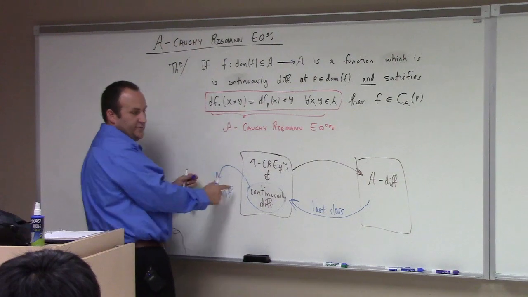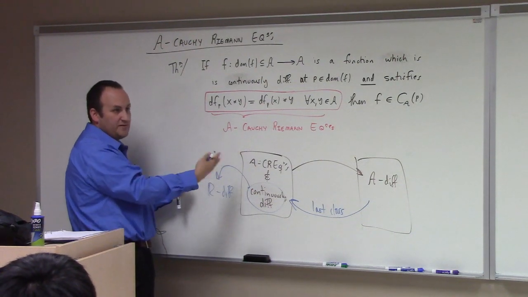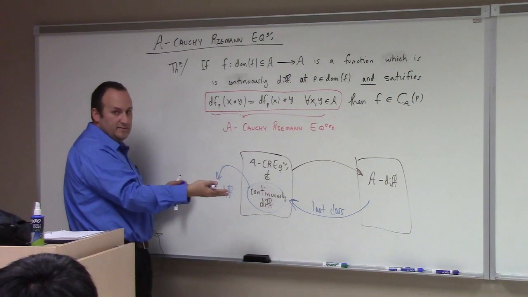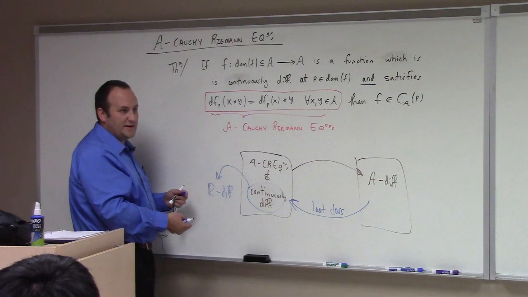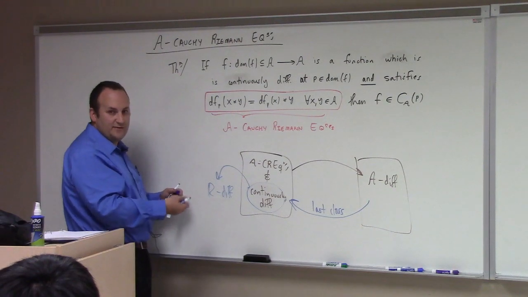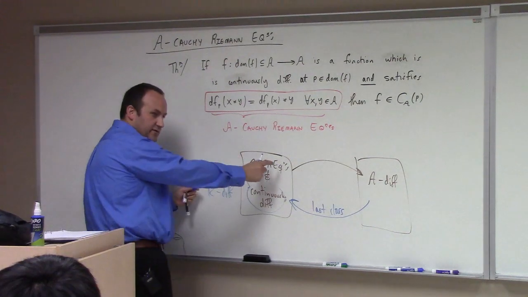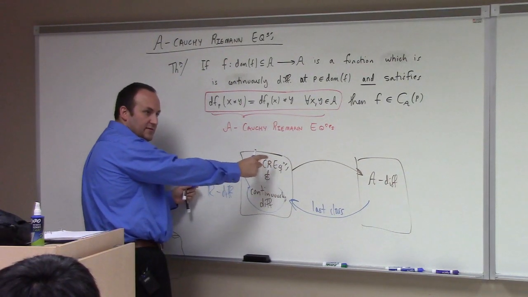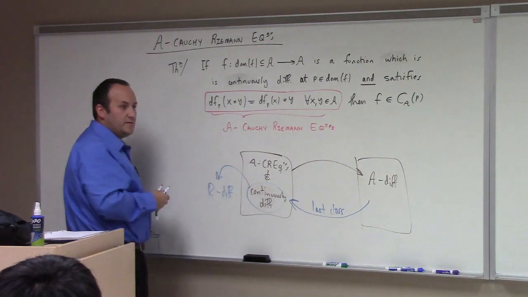But real differentiable is a pain to check. Continuously differentiable is easy. That means we just have to see that the component functions are continuous, right? We don't ever actually work that out. We just look at them and go, polynomials, exponentials, sines, cosines, continuous, great, go on. But real differentiable and A-Cauchy-Riemann equations, those two things holding, that is essentially the definition of A-differentiable.